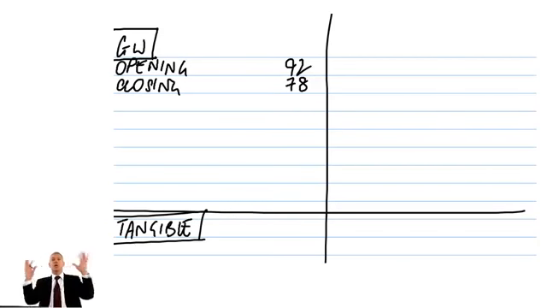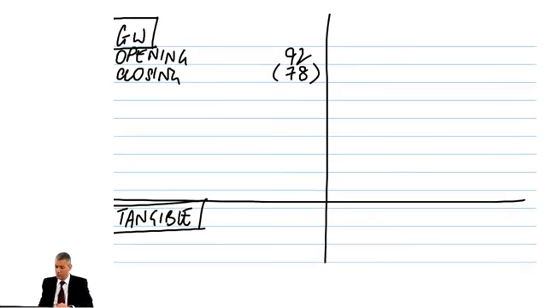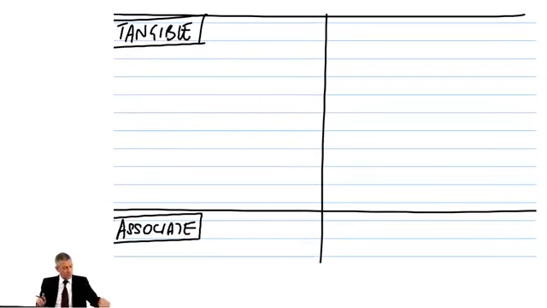Opening raw, closing sausage. So the opening balance is positive, the closing balance is negative. I just go for opening raw, closing sausage, because that looks like it's frying in a sausage to me. So opening raw, closing sausage, and we just carry on like that, copying the information from the question. So tangibles is next. I'll take it from my paper copy here on the left.